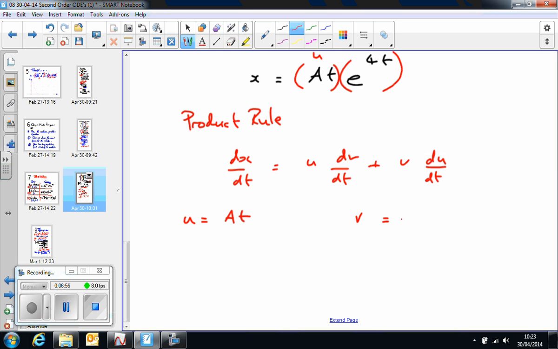It's e to the 4t. So differentiate each of those. du by dt is just a, and dv by dt is 4e to the 4t.